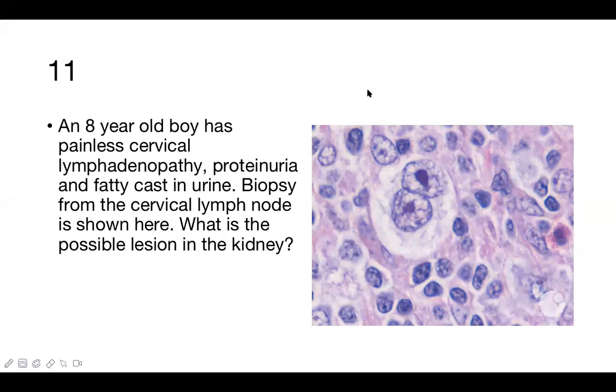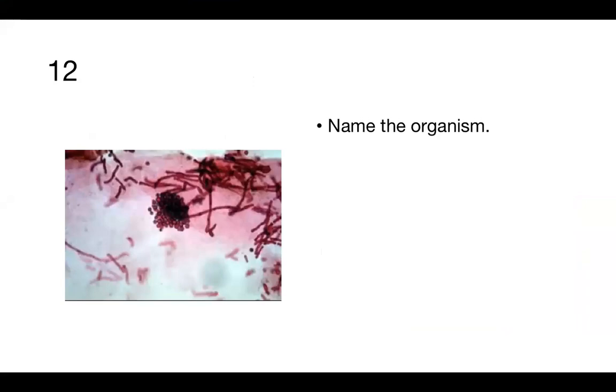So these are some important points about Hodgkin's lymphoma. So in the kidney, it has caused nephrotic syndrome. Let's move on. This is like a spot diagnosis.